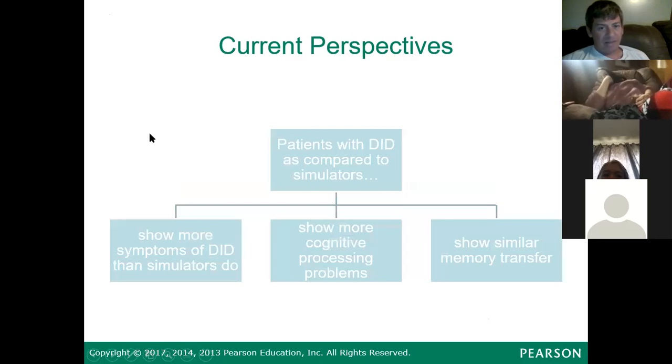So the current perspectives are that patients with dissociative identity disorder, as compared to simulators, show more symptoms of dissociative identity disorder. I don't know what simulators means. Oh, it must be fakers. Okay, so they show more cognitive processing problems, and they show similar memory transfers.